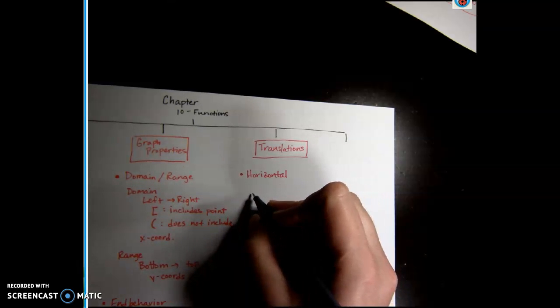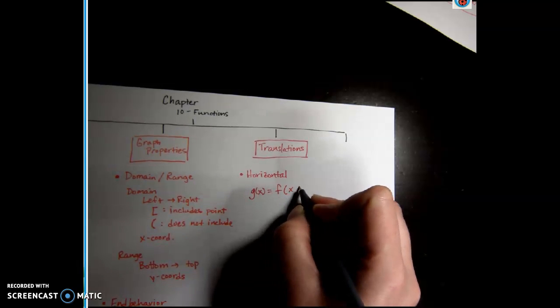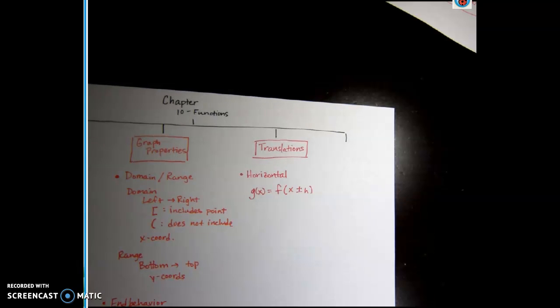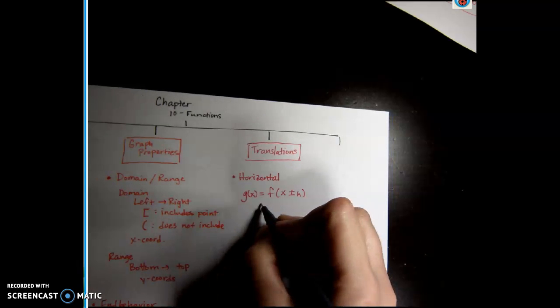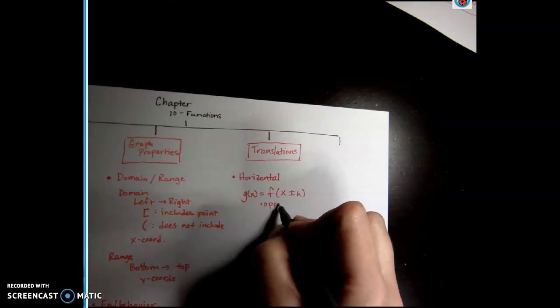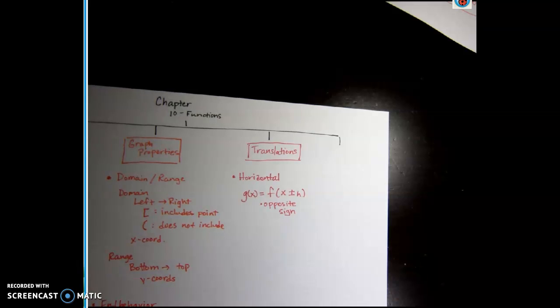So your new function based on a parent function would be f of x plus or minus h. And for a horizontal translation, we always use the opposite sign. So if it's minus a number, that means your graph is going to the right, even though that seems like it should be left. And if it's plus a number, that means your graph is going to the left, even though that seems like it should be right.